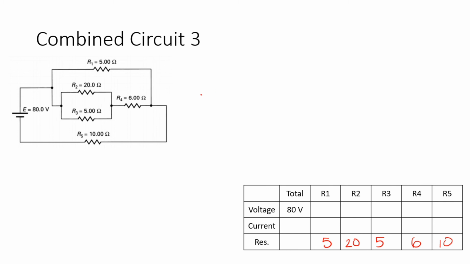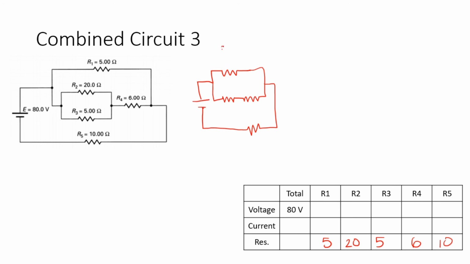So let's draw what we're going to do. So we're going to come in, there's our R1, and we're going to change R2, R3 into something. And we're going to leave R4 alone, because it's still in a series parallel there. And then we have R5 just floating around out here.